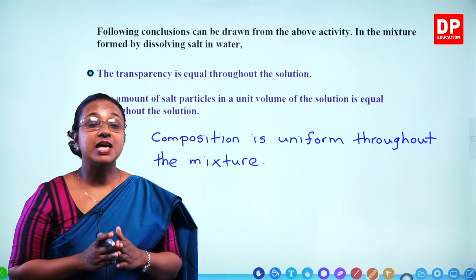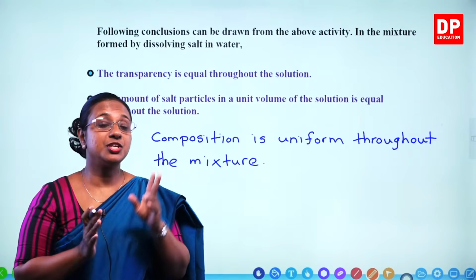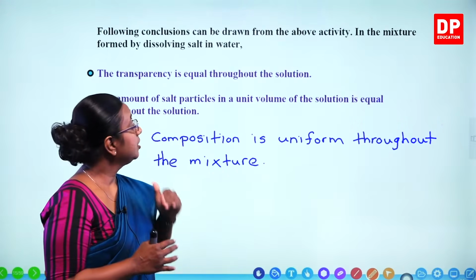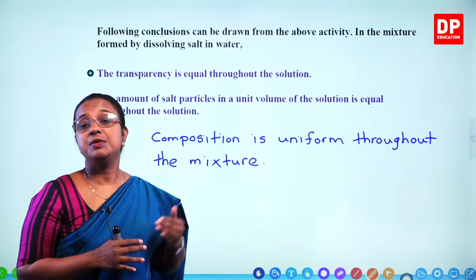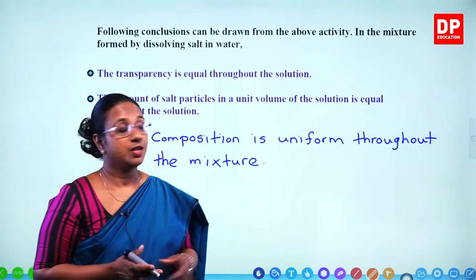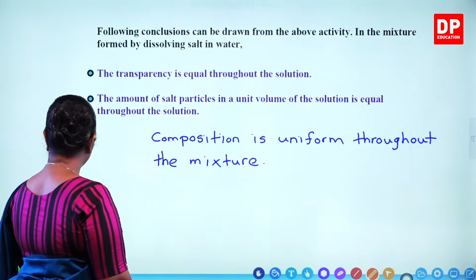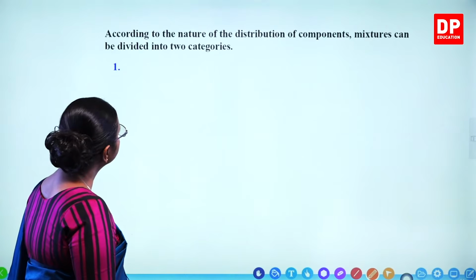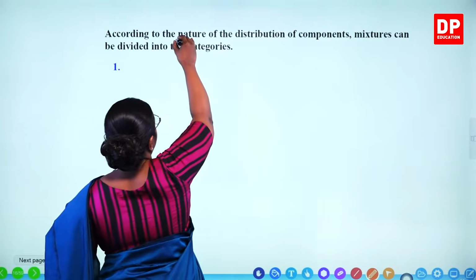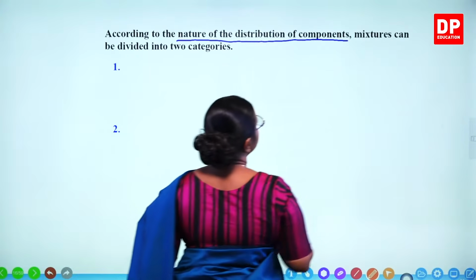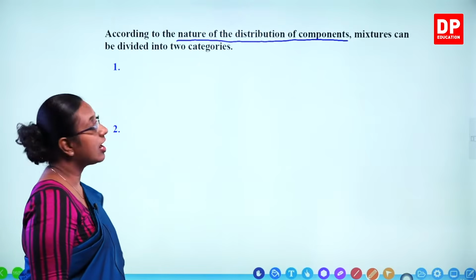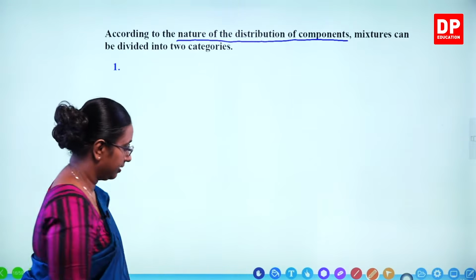So that means we classify mixtures into two main types based on the uniformity of distribution of particles in the mixture. So let us look at these two types according to the nature of distribution of components. What I told you before, according to the nature of distribution of components, mixtures can be divided into two categories.